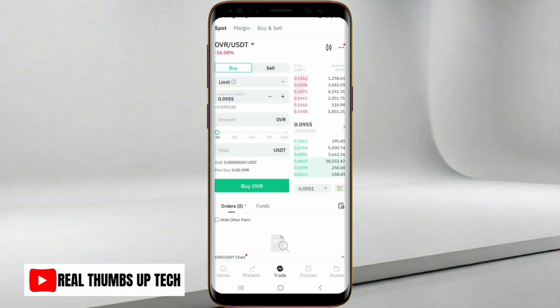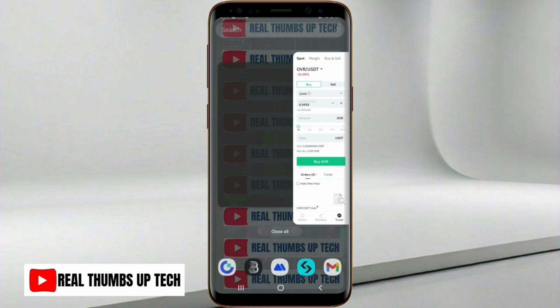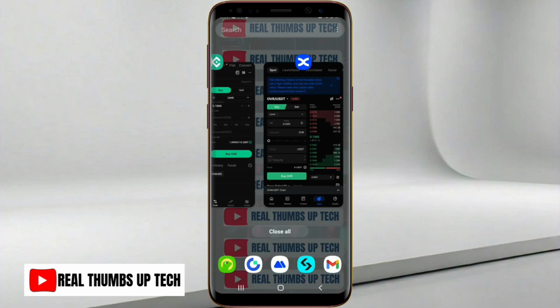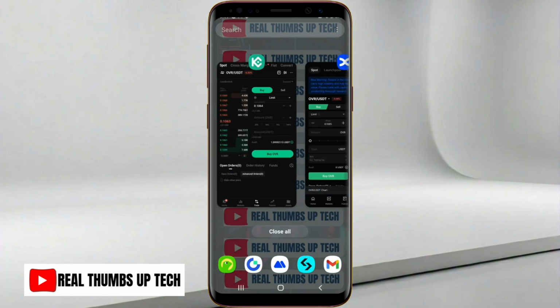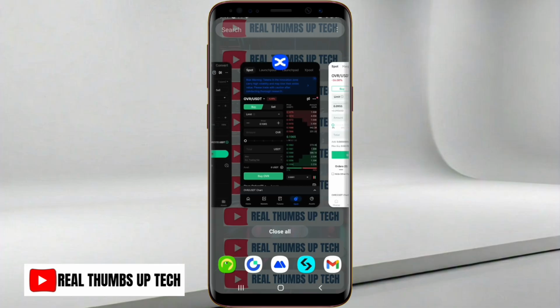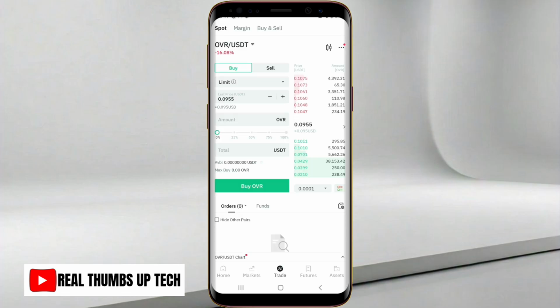So they are selling at a rate of 0.0955, which is lower. KuCoin and BingX are selling at a rate of 0.1063, 0.1065. That means we can easily buy this coin on Bitmart and sell on either BingX or KuCoin.